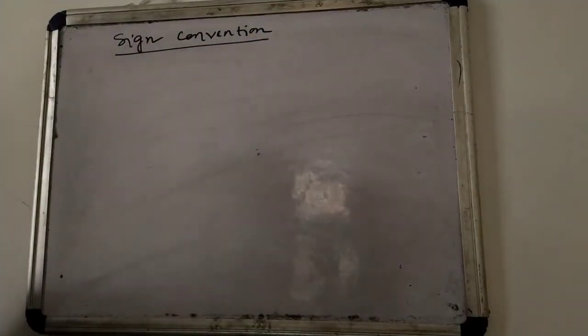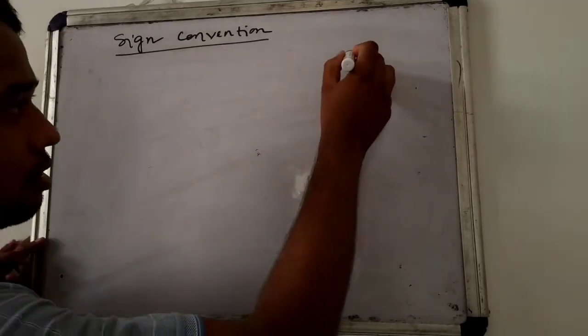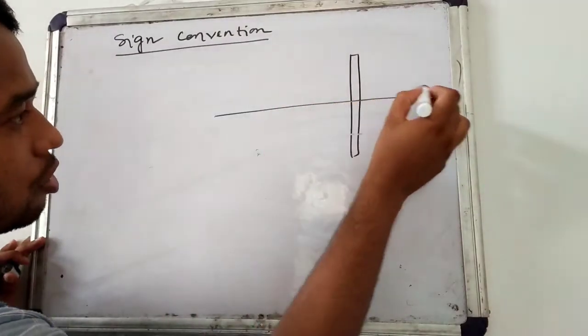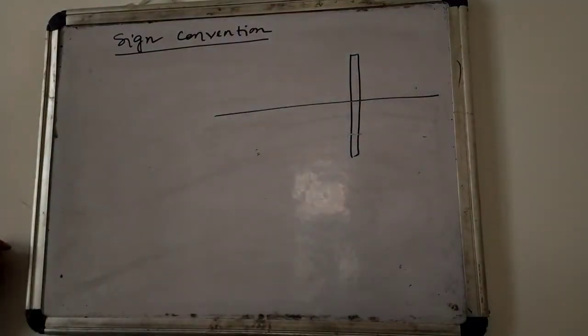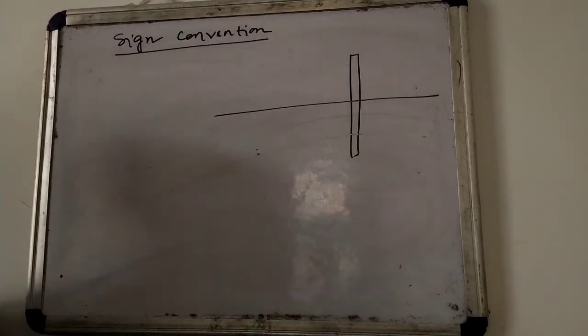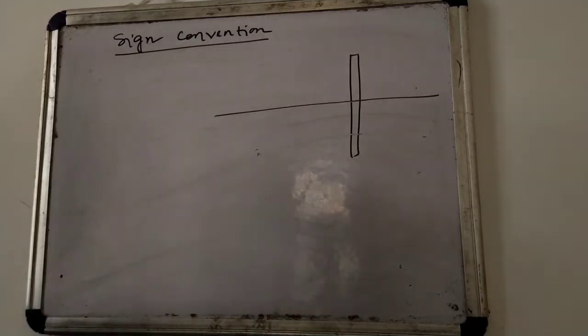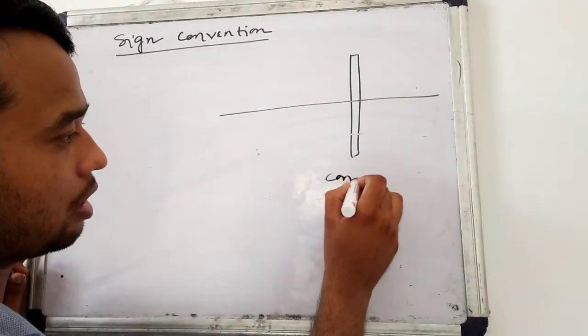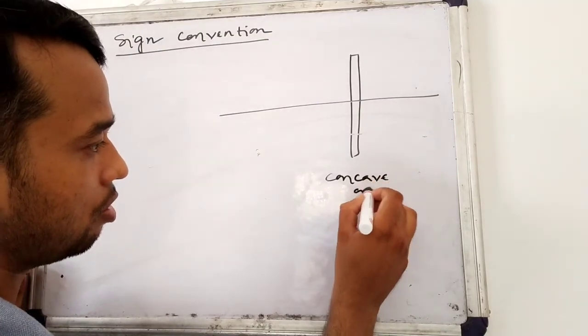So according to sign convention, any distance along the direction of incident ray is positive, and any distance which is opposite to the direction of incident ray is considered as negative distance. Suppose this is our lens, it may be concave or convex.